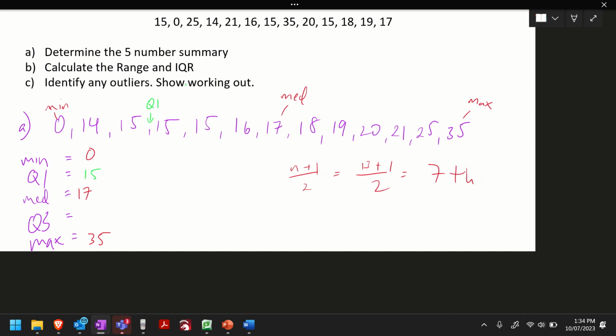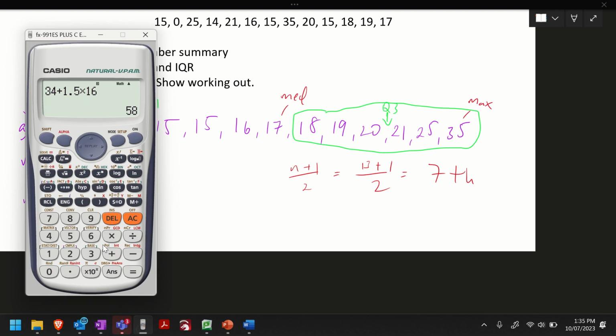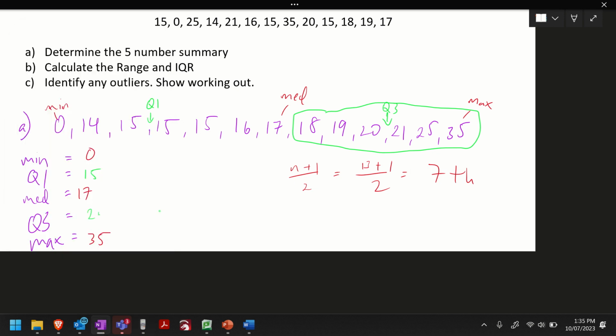Next one, the Q3, don't include the median. Estevan's correct, it's between 20 and 21. There's your Q3. So what's that? Add them together, if you're not sure, divided by 2, 20.5. Nice and easy. Nothing too crazy.